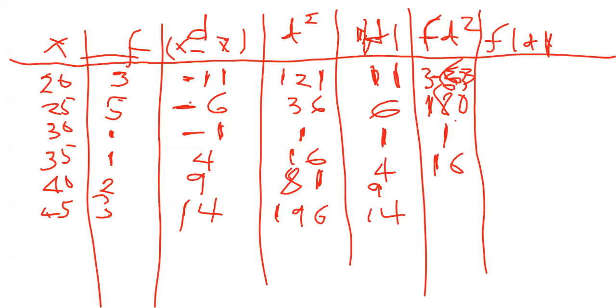Then 81 times 2. What do you have? 81 times 2. 162. Good. 196 times 3. 588. Yes.